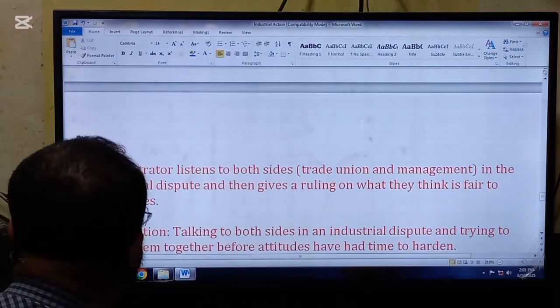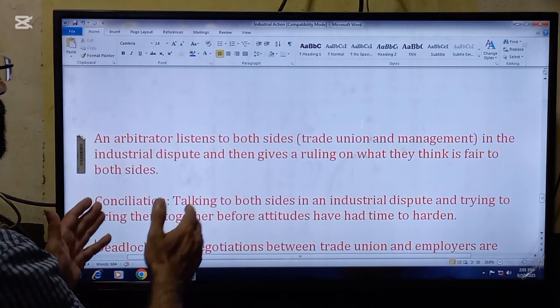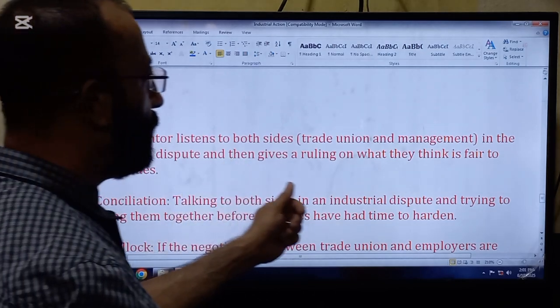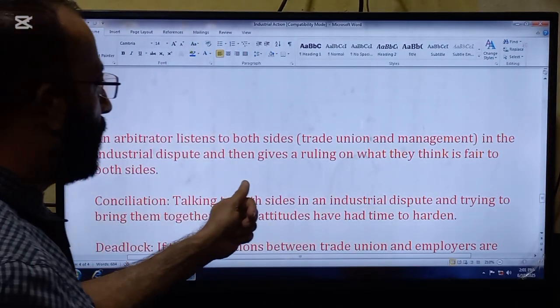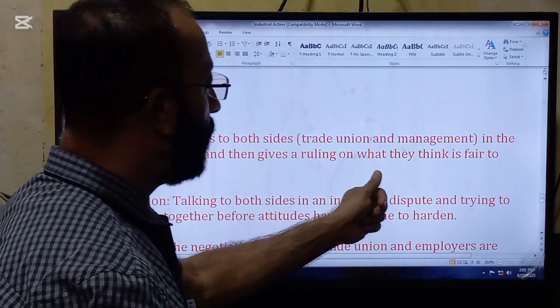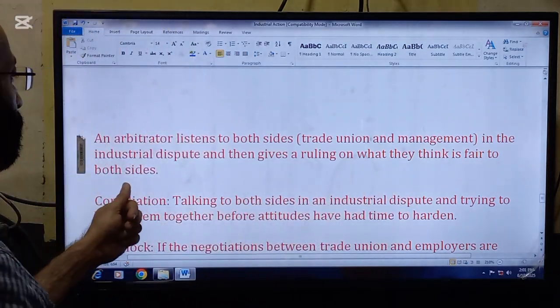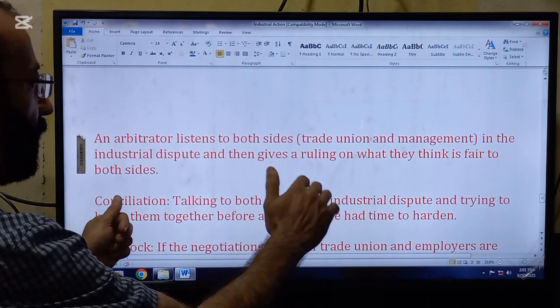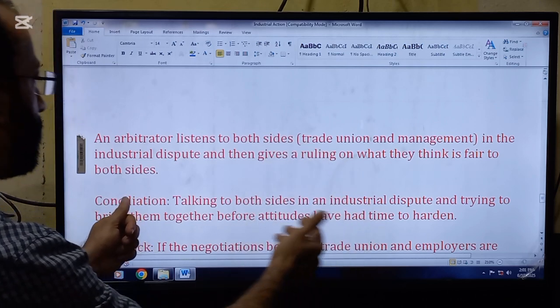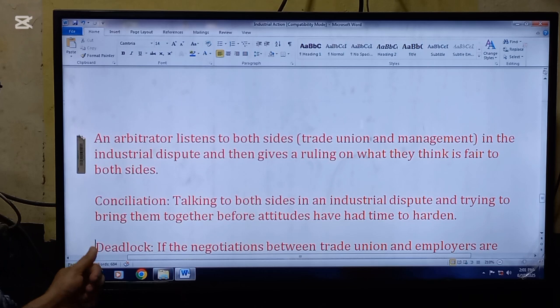Next, an arbitrator listens to both sides, trade union and management, in the industrial dispute, and then gives a ruling on what they think is fair to both sides. This kind of person, or number of persons, is called an arbitrator.